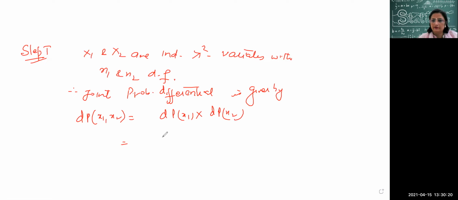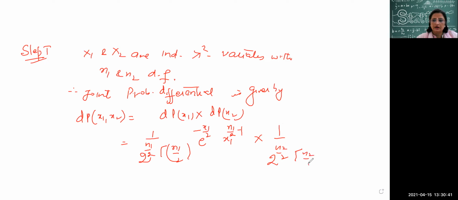So I will put the formula of PDF of x1 and x2 as they are the chi-square variates. So this comes out to be 1 by 2 raised to power n1 by 2 gamma n1 by 2 e raised to power minus x1 by 2 x1 raised to power n1 by 2 minus 1 into 1 by 2 raised to power n2 by 2 gamma n2 by 2 e raised to power minus x2 by 2 x2 raised to power n2 by 2 minus 1. So I will combine the constants and the powers of e.